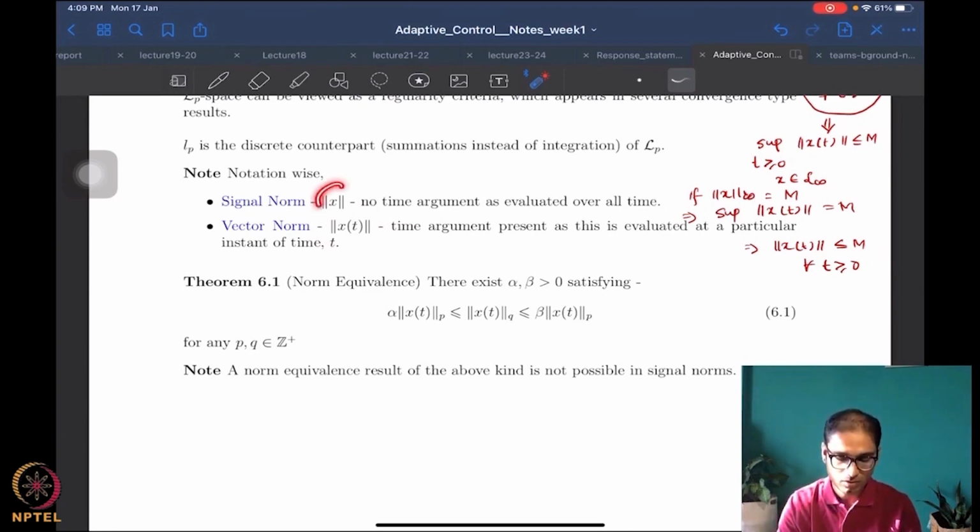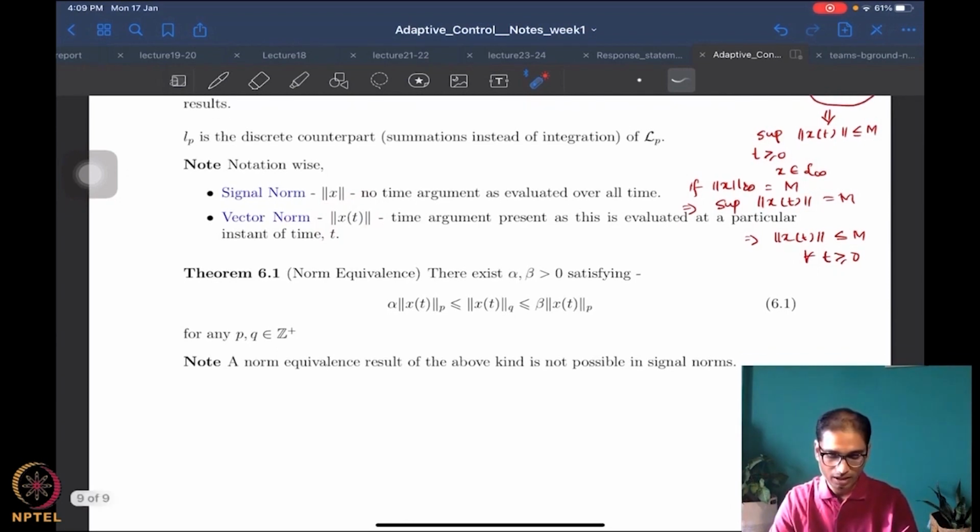The vector norm has to be evaluated at an instant in time. Otherwise, there is no question of a vector norm. It's not a vector at all if there is no time. So we have to choose a particular time, say 1 second. We insert that in x, and then you get a fixed vector, and then you can compute a norm just the way we have learned how to.